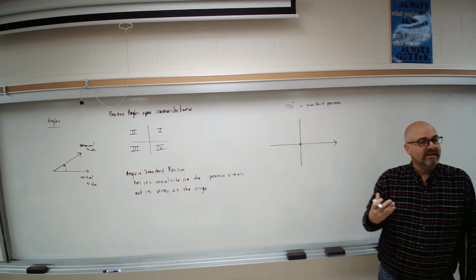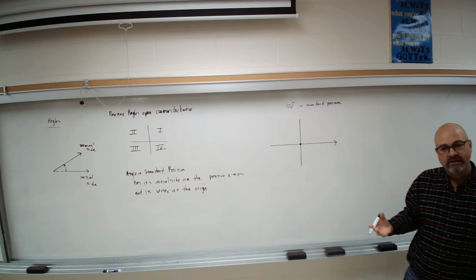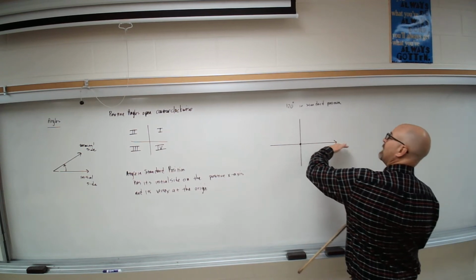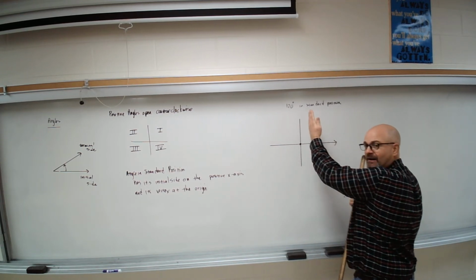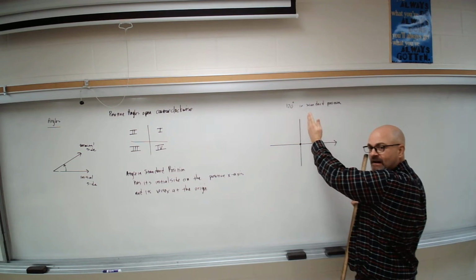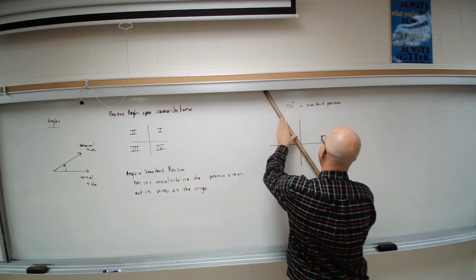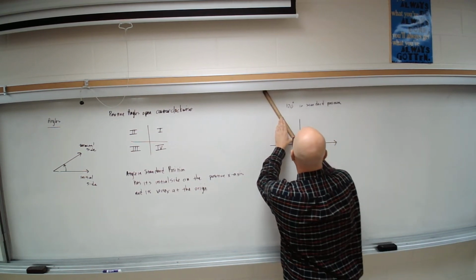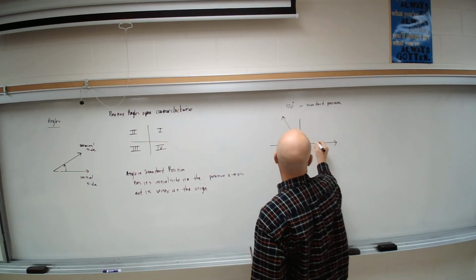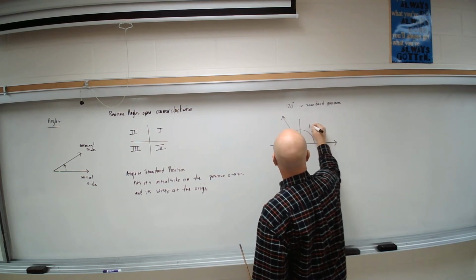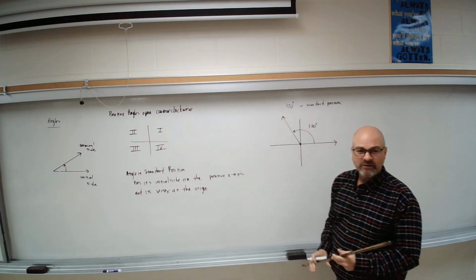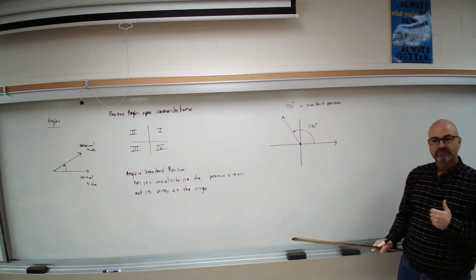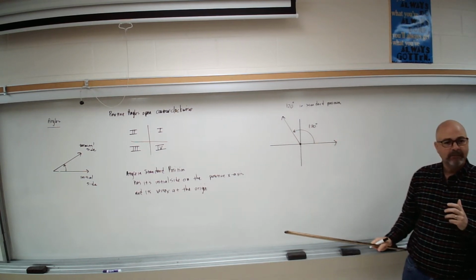And then we need to think what 120 degrees would look like. We know that if it opened to where the terminal side was straight up, that would be 90 degrees, correct? And over here would be 30 degrees more. So this would be 120 degrees. Does that look okay to everybody?